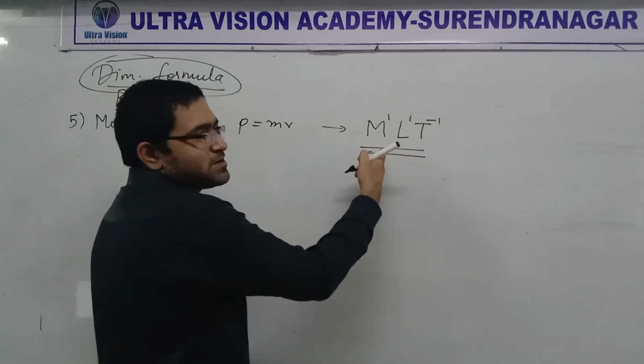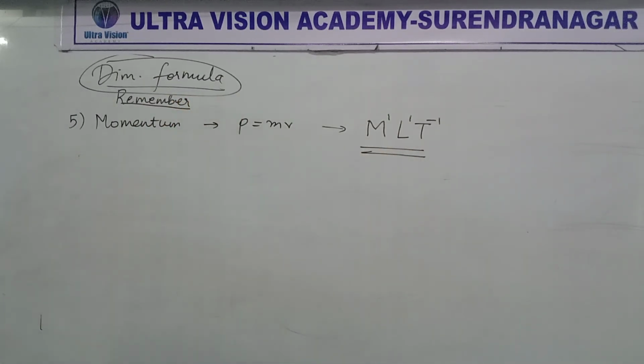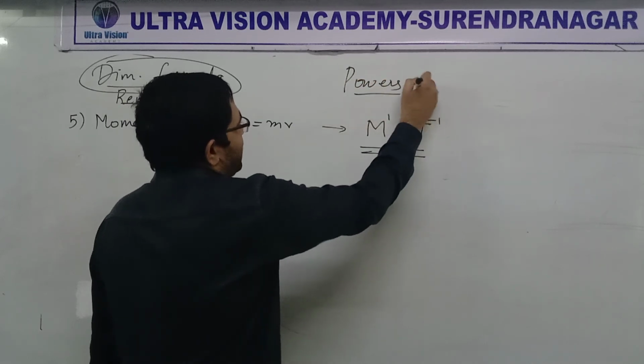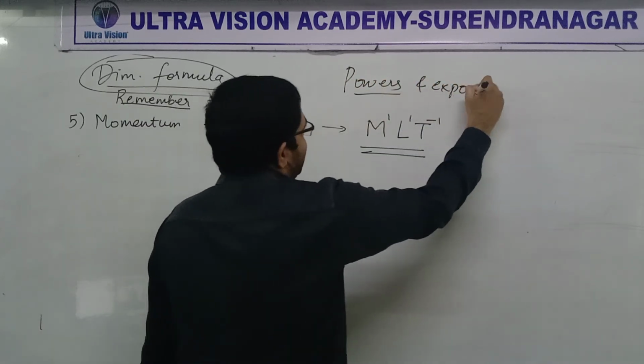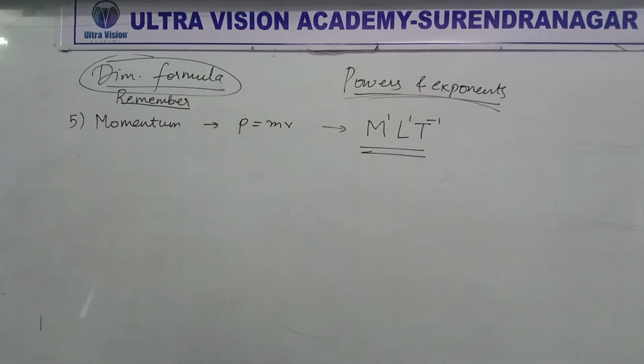Did you understand? It's easy, isn't it? And it's based on powers. I hope you realize this whole thing is about powers and exponents. That's why I had to give you that basic assignment.